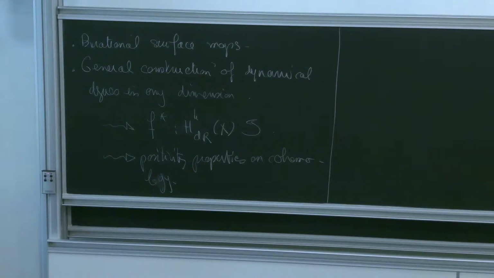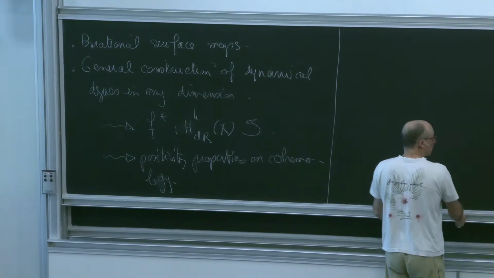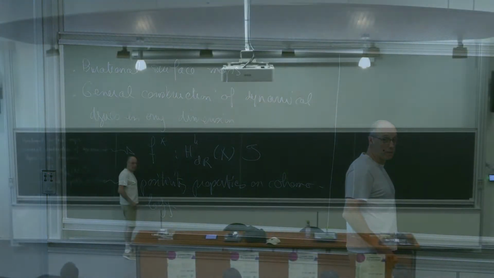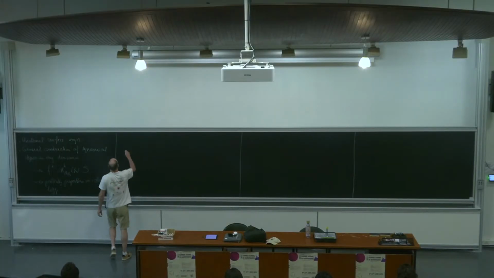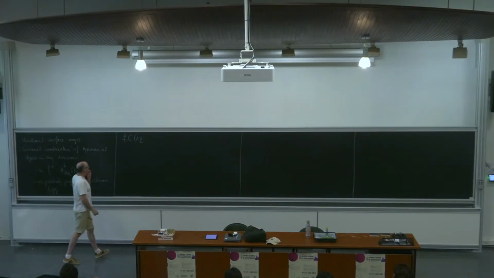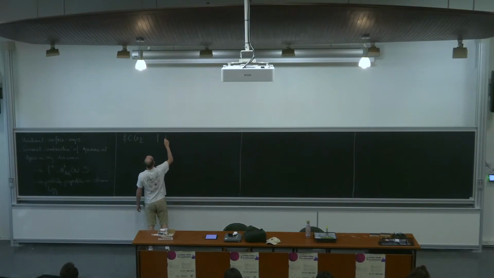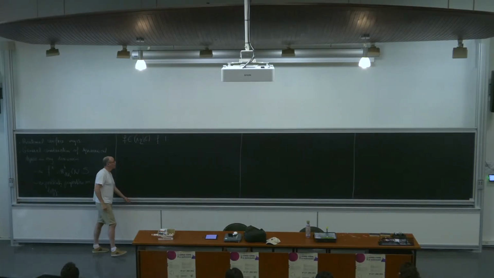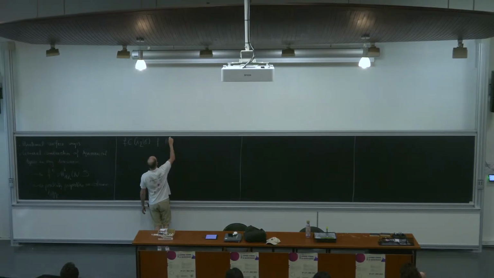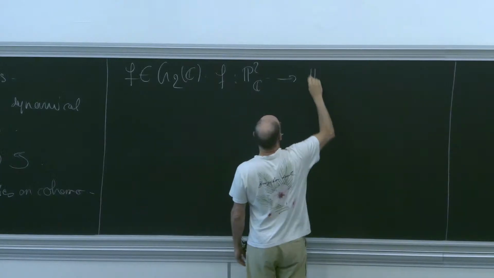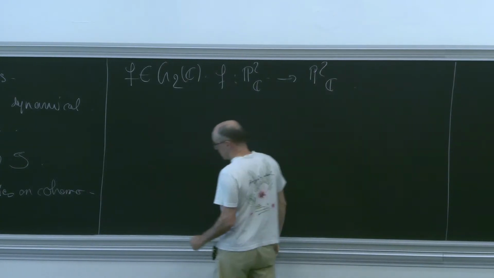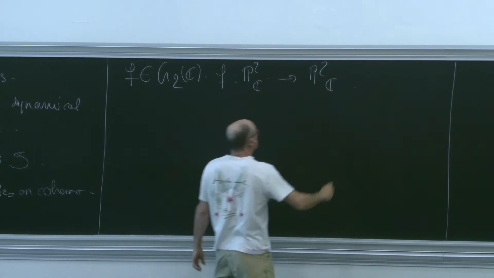Okay, so let me start with the Cremona group. Apparently, you know what this is, so I don't have to redefine this. So let me pick F inside the Cremona group of dimension 2, which is to say over C. Sorry, I want to be perfect, so it has to be a perfect field. So I'm taking a birational map from P2 to itself.